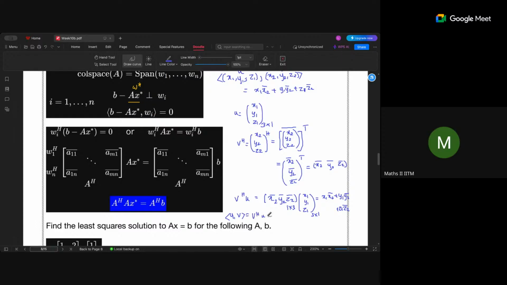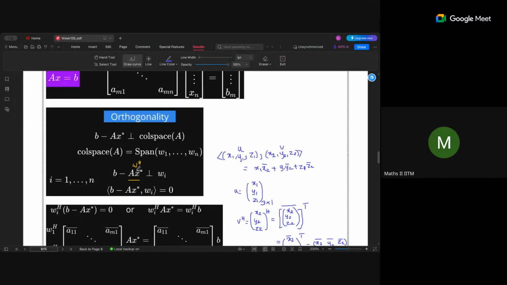Is this representation clear for everyone? Clear, ma'am. Okay, good. Sanand, you are asking why we are getting an X star here instead of a W star.